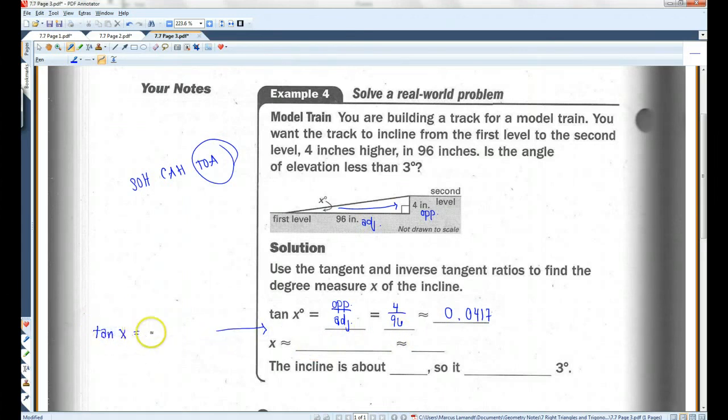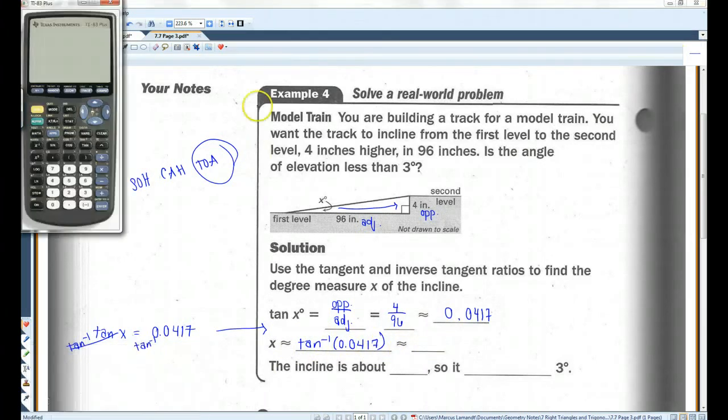Tangent of x equals 0.0417. Okay? But we're not looking for tangent of x, we're looking for x. So I've got to take the inverse tangent of both sides. So x is inverse tangent of 0.0417.